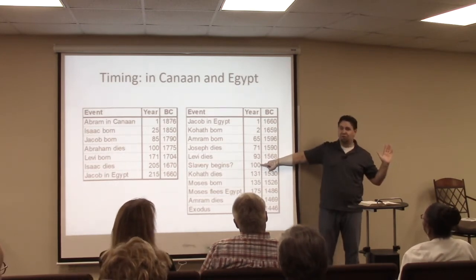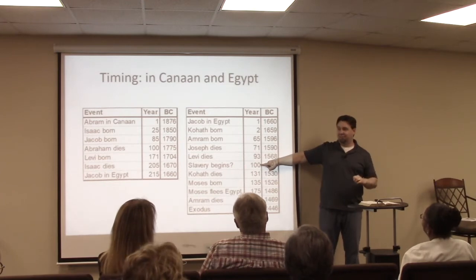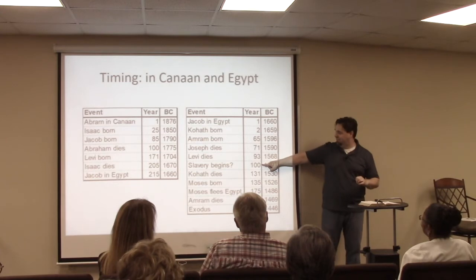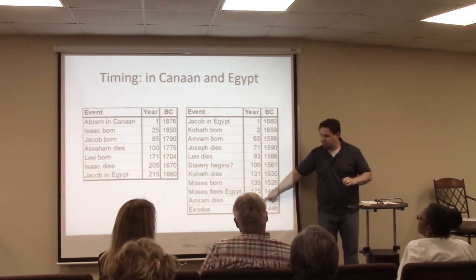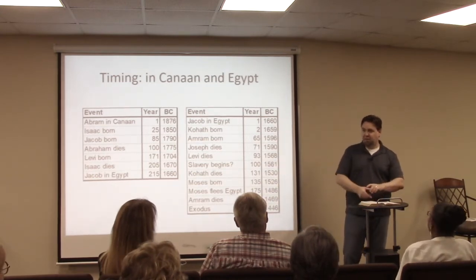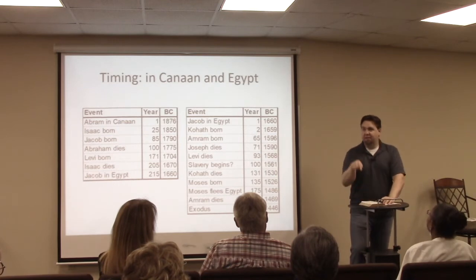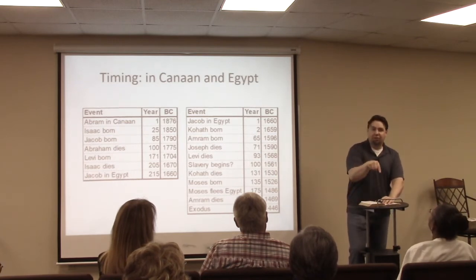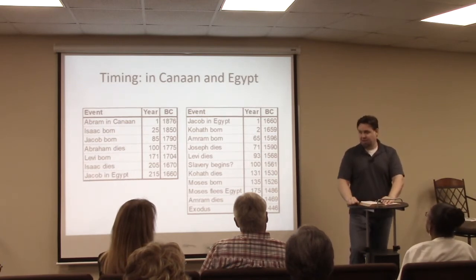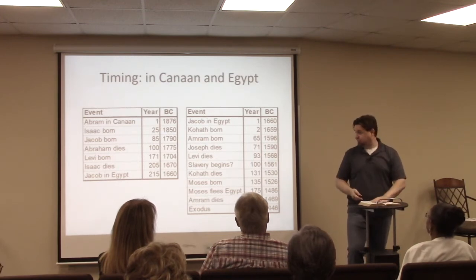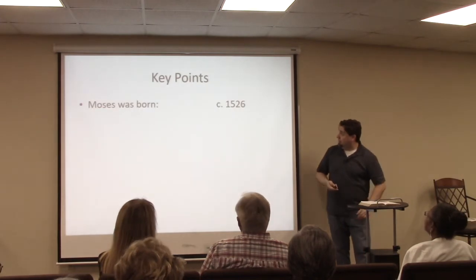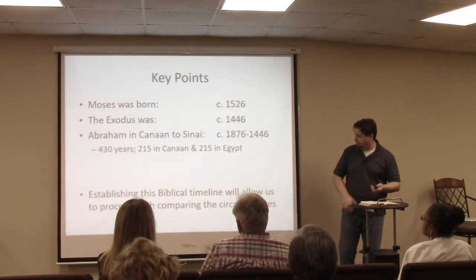Somewhere around 100 years after they got into Egypt. 100 years after Jacob was 130. Okay? So the slavery in Egypt only lasted about 115 years. But the sojourning and the being humbled and always having trouble and strife this whole time, that was always going on all 430 years. Okay, so that's the key points.